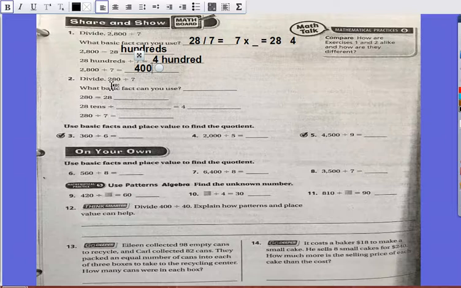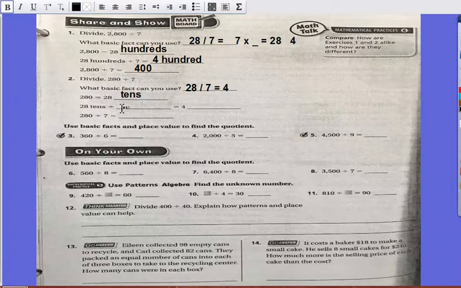Now coming down here, divide 280 by 7. So what basic fact can you use? I still see 28 divided by 7, which I know the answer to is 4 from before. So 280 actually means 28, and then I just have 1 zero, so that would be tens this time. Notice up here I had 2 zeros, hundreds, 1 zero, tens.